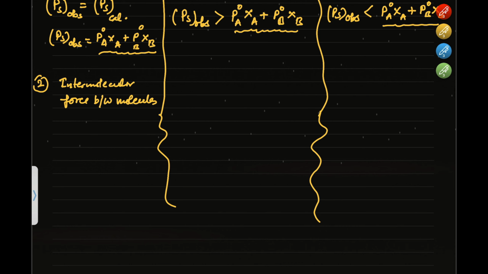When this intermolecular force is stronger, vapor pressure is lower, meaning the vapor pressure is inversely proportional to the intermolecular force. In short, I write intermolecular force IMF. Intermolecular force is stronger, vapor pressure is lower.